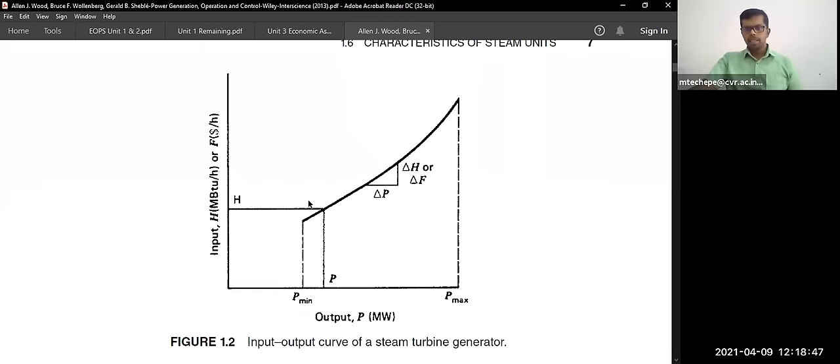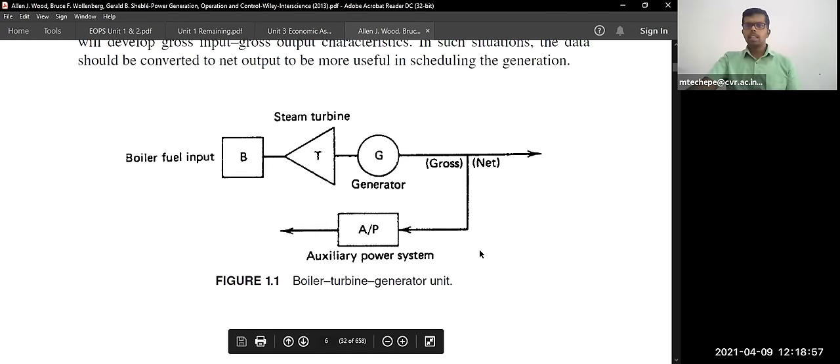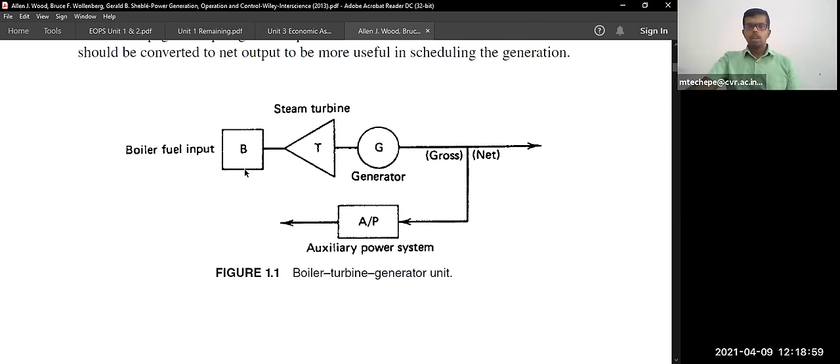With the increase in the heat rate, the power generation also increases automatically. If the heat given is less, the power generation also will be less, because the steam produced in the boiler will be reduced.